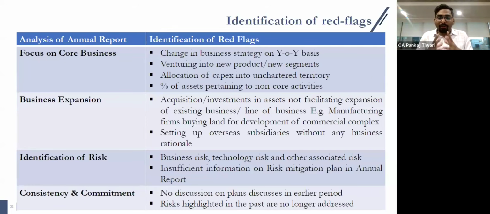So one red flag could be: are you changing your business activity on a yearly basis, or what is the vintage of the current business activity you are engaged in? Another is new products and new segments.